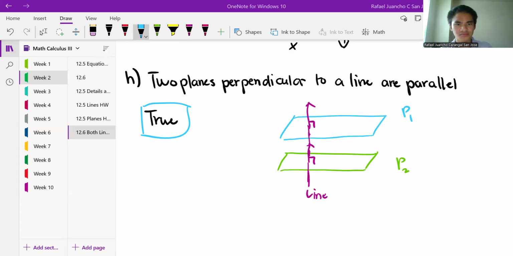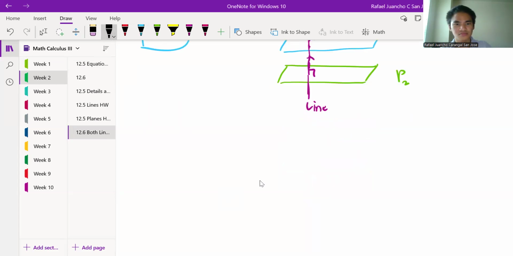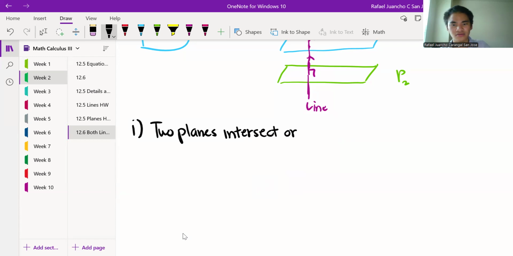Okay, next. Here we have, is the statement true? We're given two planes, and they either intersect or are parallel.